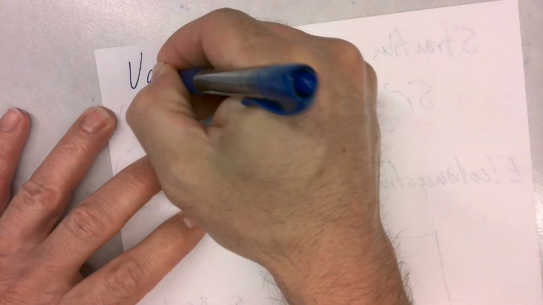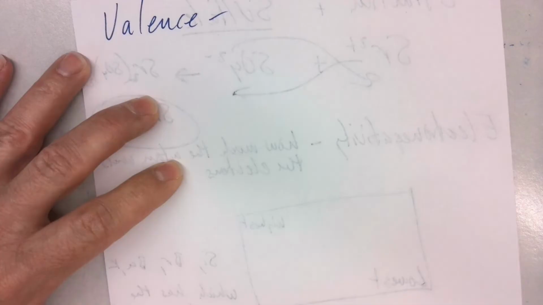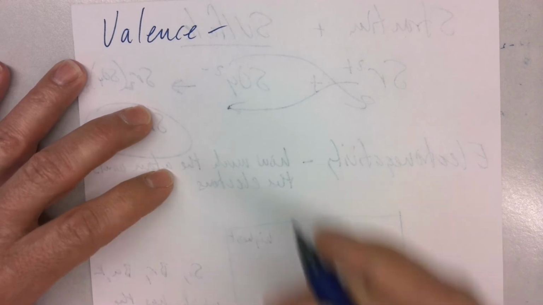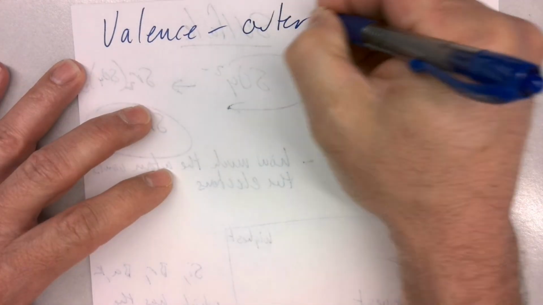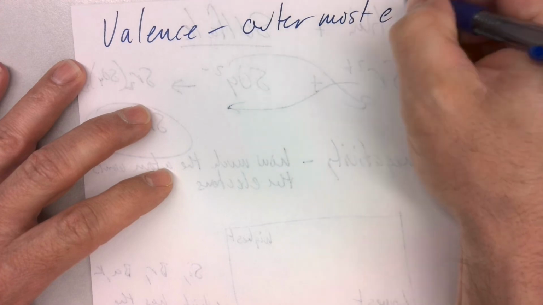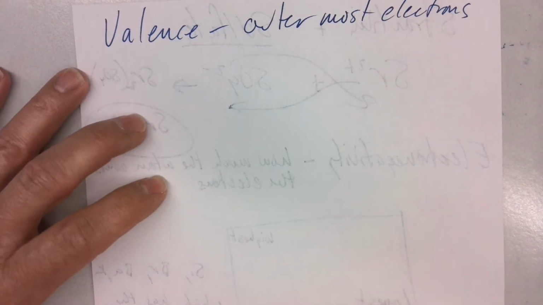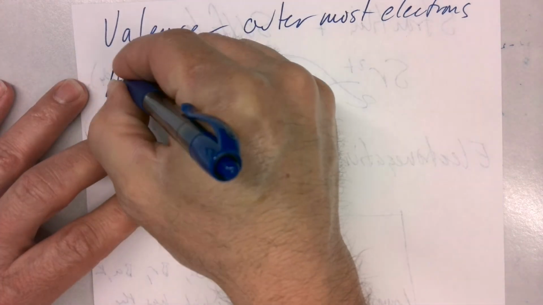Alrighty. Valence. Anybody remember what valence was? Outermost electrons. Okay, so what if I asked you this?